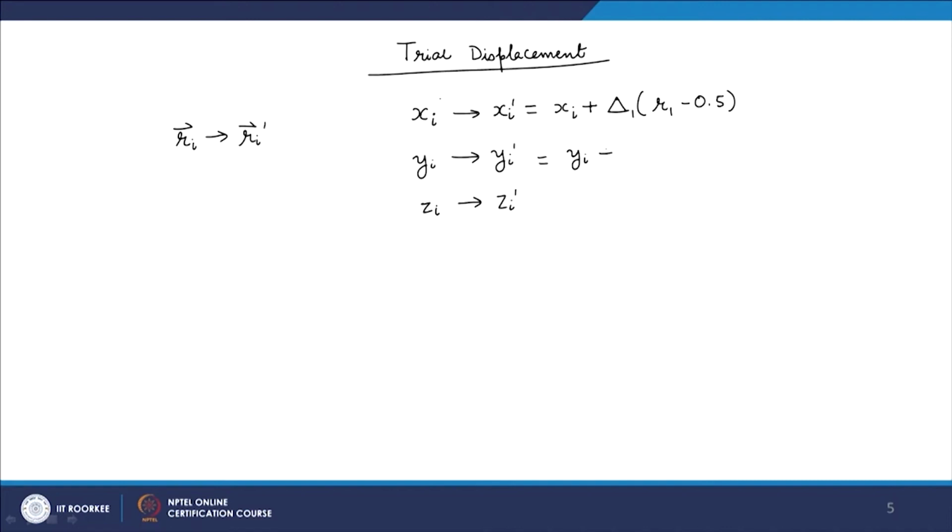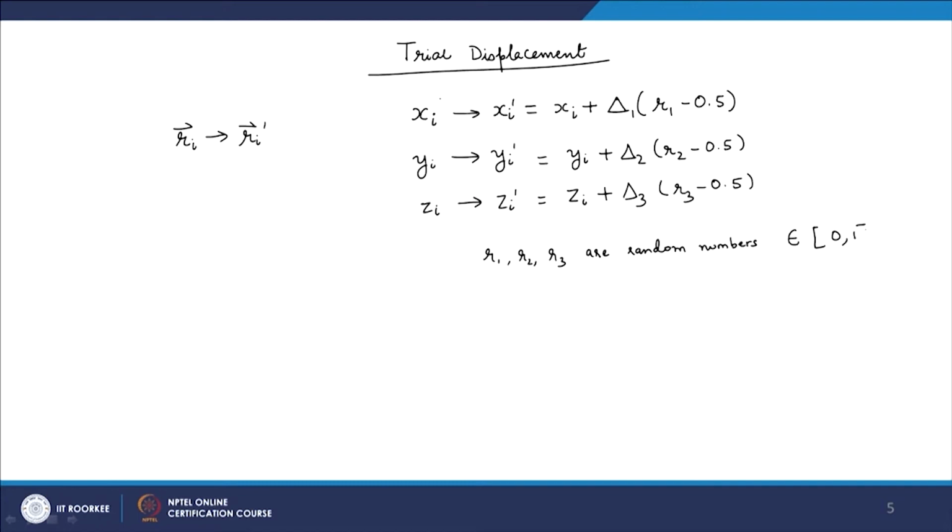Let us also say delta 1. Here R1, R2, R3 are random numbers between 0 to 1.